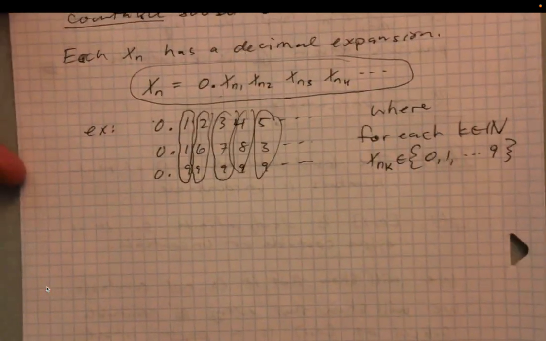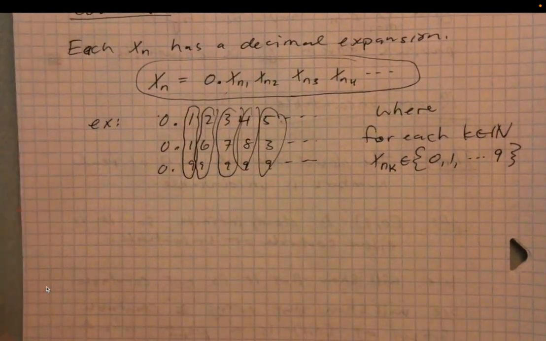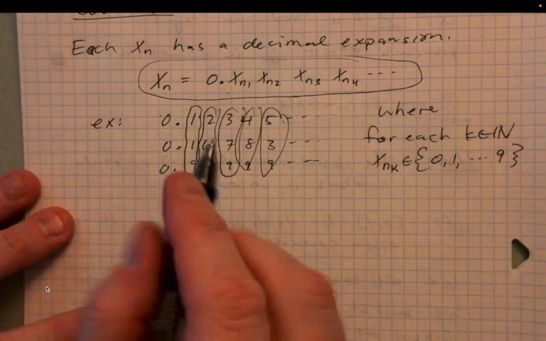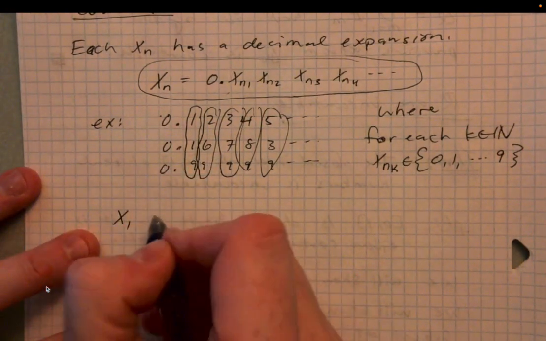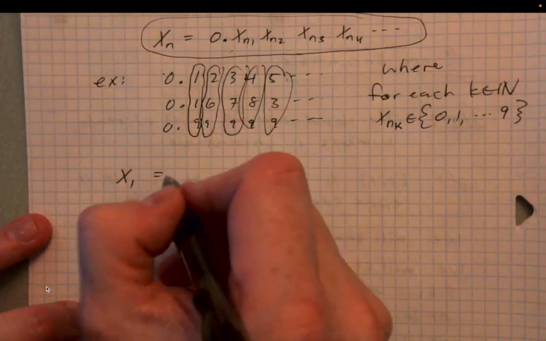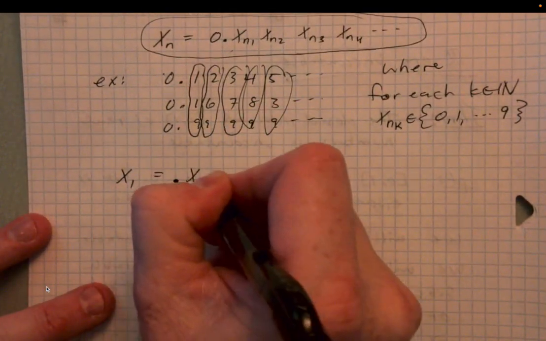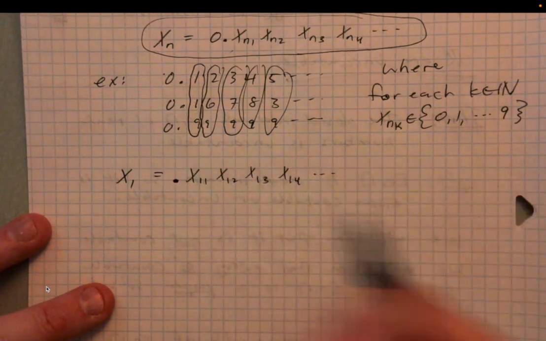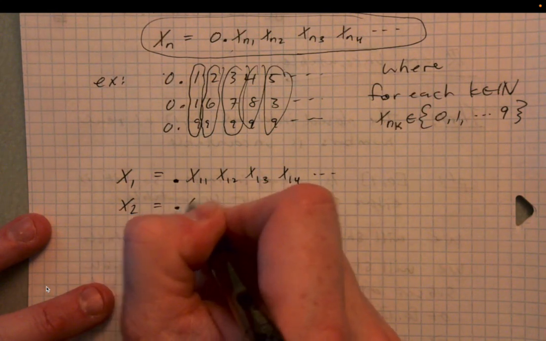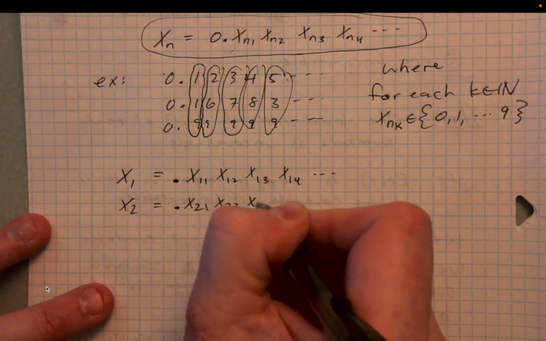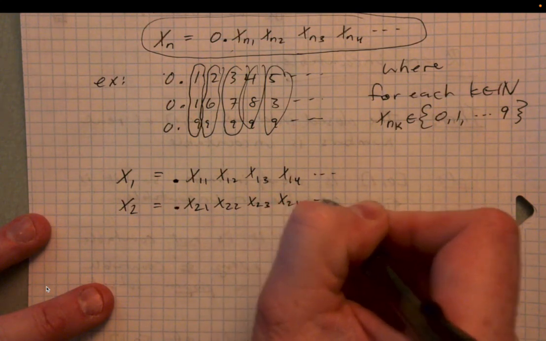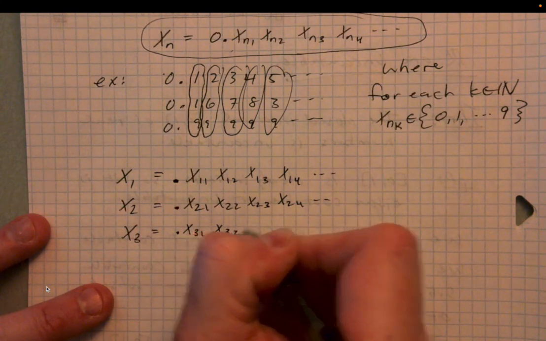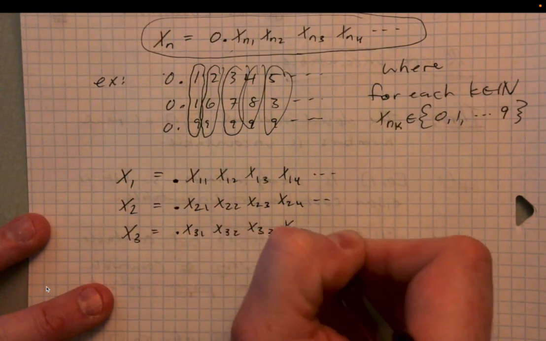We can write it out as a list too. I think that when you're working through these proofs, it's sometimes convenient to write it out as a list because it helps you see what's happening. So maybe x1 is equal to 0.x11, x12, x13, x14, and so on. x2 is equal to 0.x21, x22, x23, x24, and so on. x3 is 0.x31, x32, x33, x34, and so on.